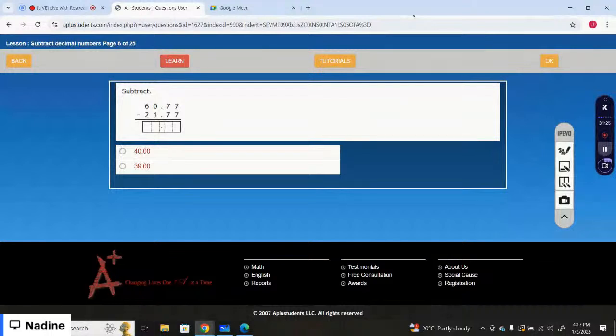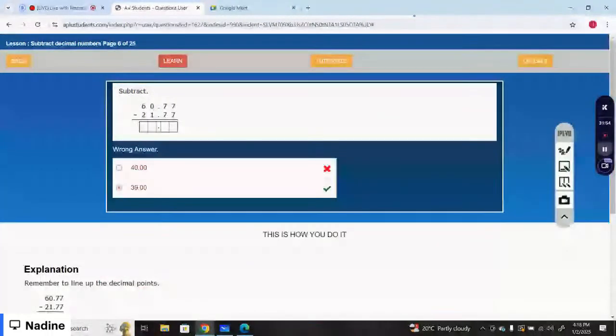So which is the correct option? Option number one is the correct option. That is 40.00. Oh, that is 39.00.